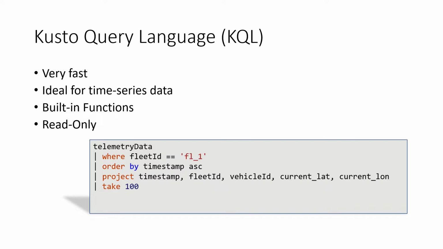And then these are the fields that it's going to output: timestamp, fleet ID, vehicle ID, current lat, current long. And then in this case, we have a take. So in this case, we're doing a top 100, a top N query. You need to have an order by for the take to make any sense. These are the ones at the top when we're ordered by timestamp ascending, so those would be the earliest records that match this filter criteria.